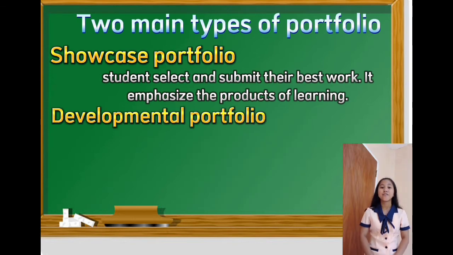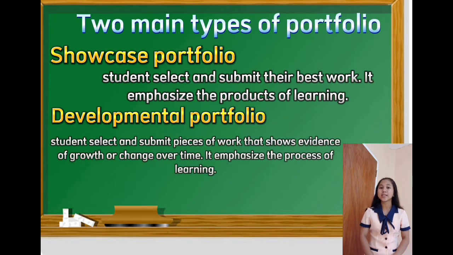Second is the developmental portfolio. In this type of portfolio, students select and submit pieces of work that show evidence of growth or change over time. It emphasizes the process of learning.